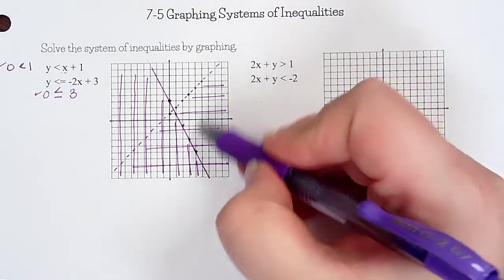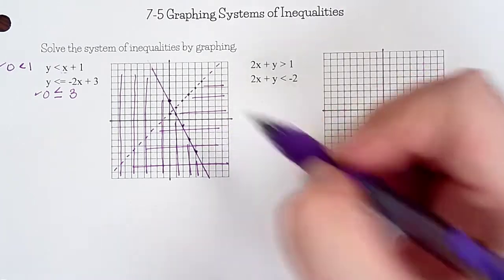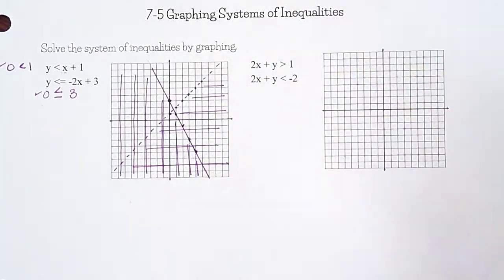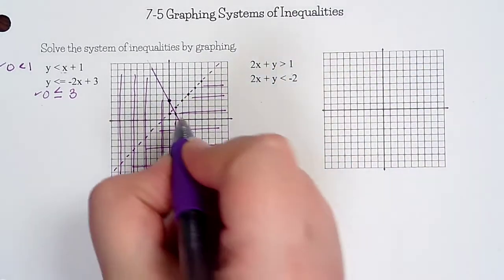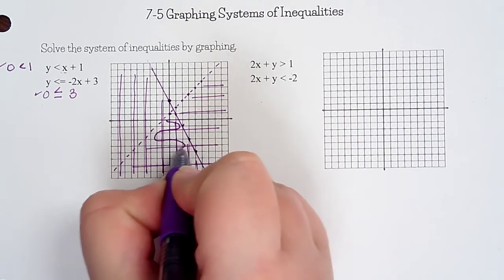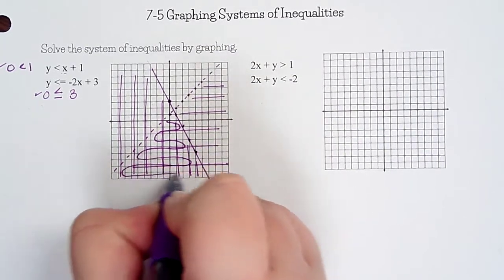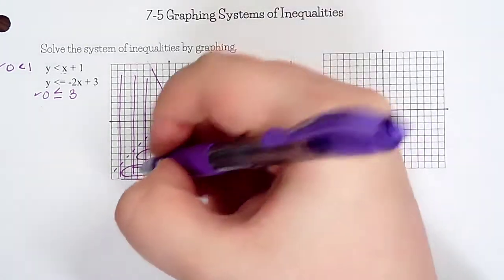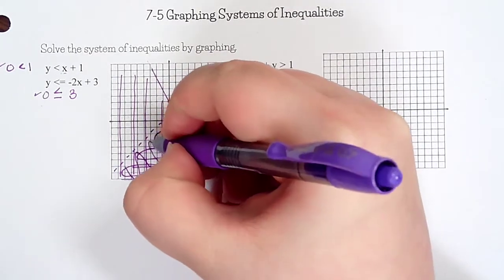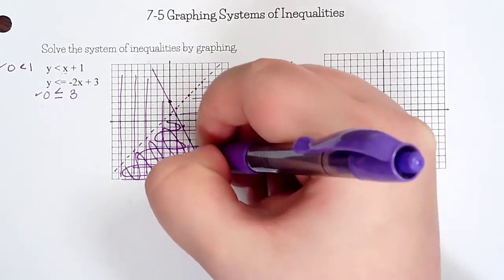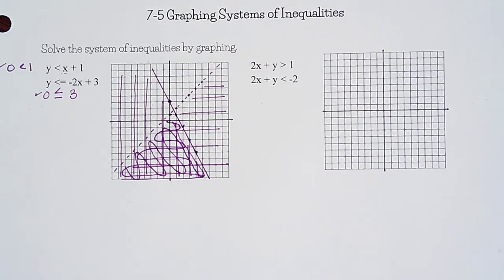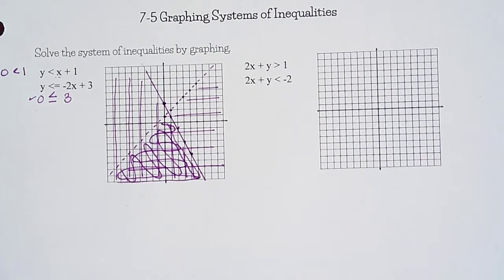So I've got a section over here that's shaded once. I've got a section over here that's shaded once. But ultimately, the only section that includes both is this lower section. So that's the section that I'm going to color in more completely to indicate that that is where it's true. That is where my values lie.